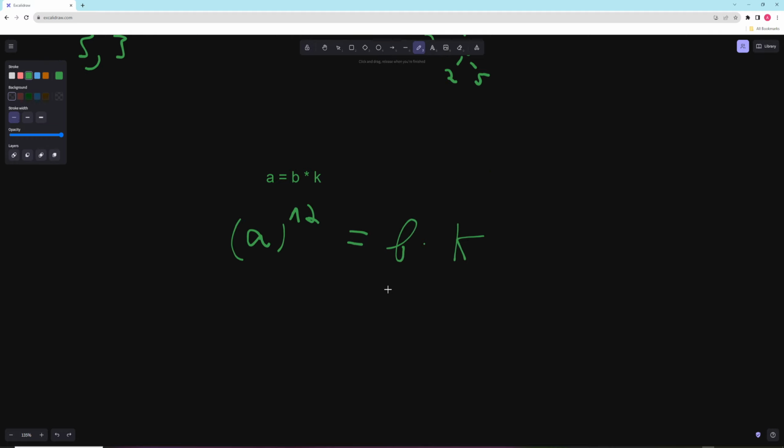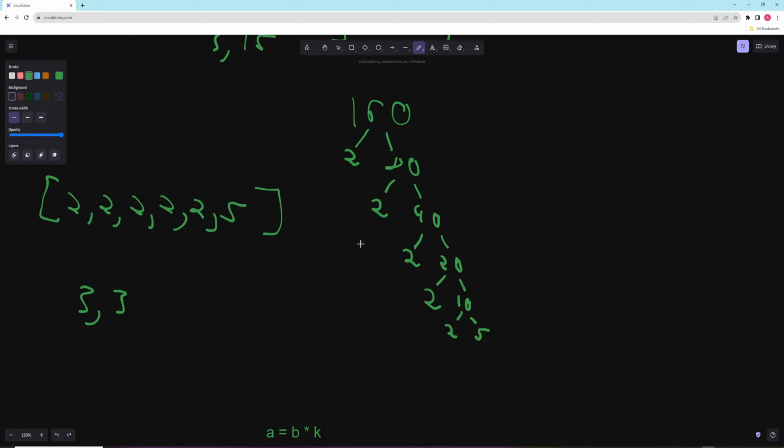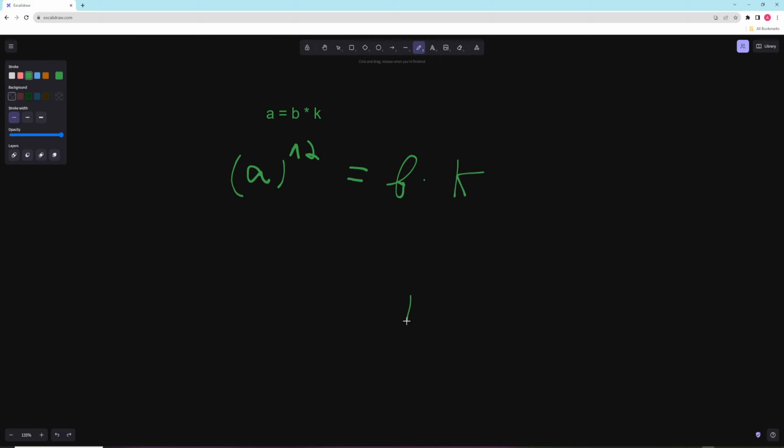So let's say for this example, let's go back to this 160 example. Let's say b is 160, and a squared is a multiple of b. So how do we know what numbers a has to have? Like what numbers does a have to have for sure, at least, to be a multiple of b?